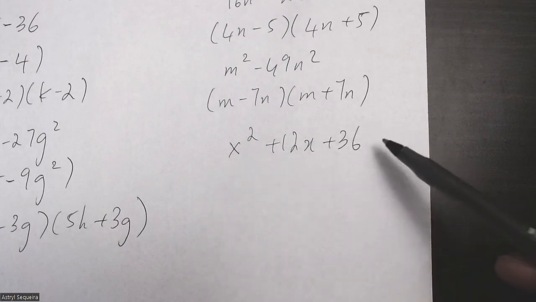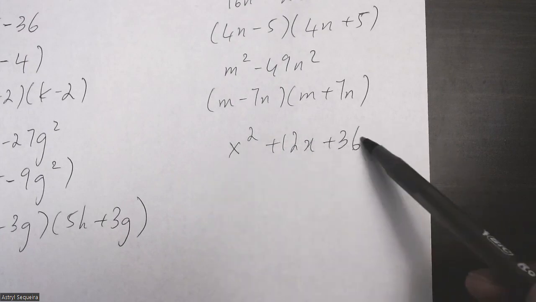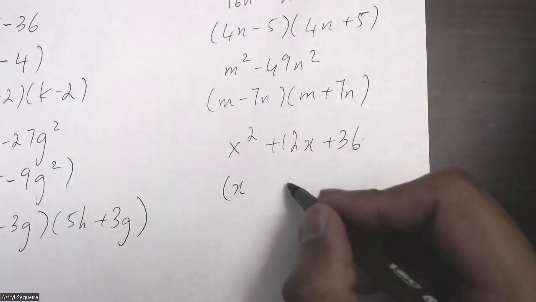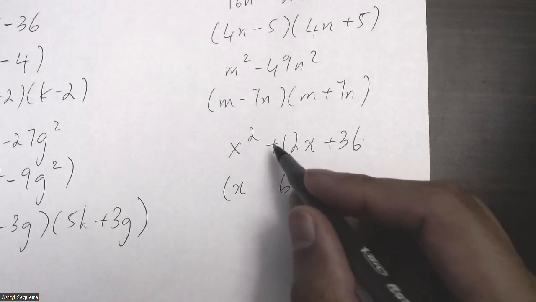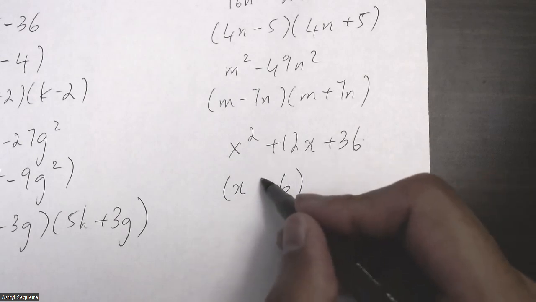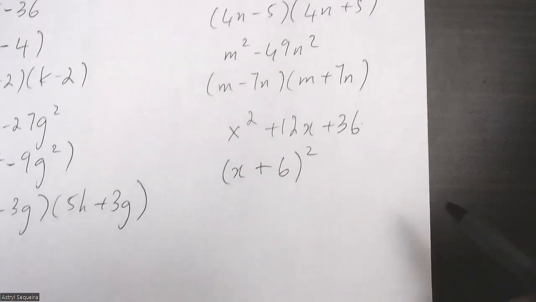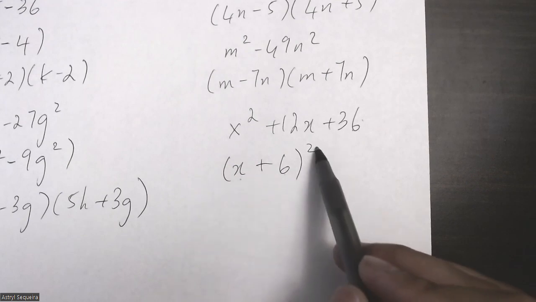You want to look at your first and your last term and see whether they are square rootable. I can square root both of these terms. The square root of x squared is x, and the square root of 36 is 6. Then just take the sign from the middle term, so plus, and put a square outside the bracket. Then you do a little test: this times this times 2.